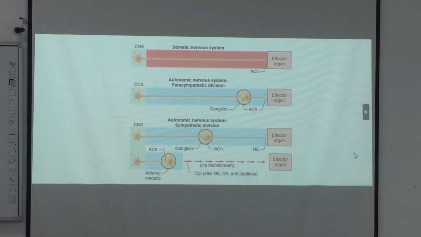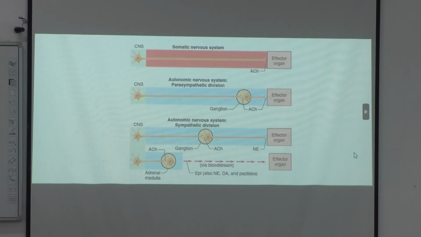Usually in the parasympathetic system, between the CNS and the effector, two neuron system, the preganglionic neuron is long and the ganglion which gives rise to the postganglionic neuron is very near the effector organ. In the sympathetic system, it is usually not exactly in the middle, but far away from the effector organ. So that is the difference between the sympathetic and the parasympathetic.